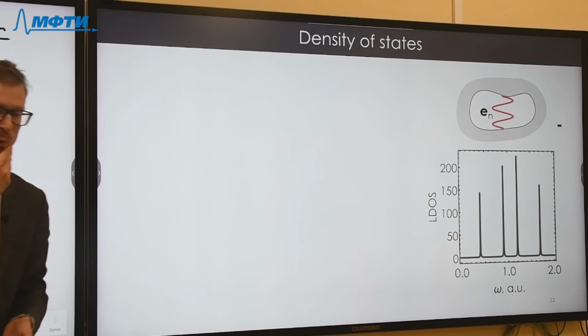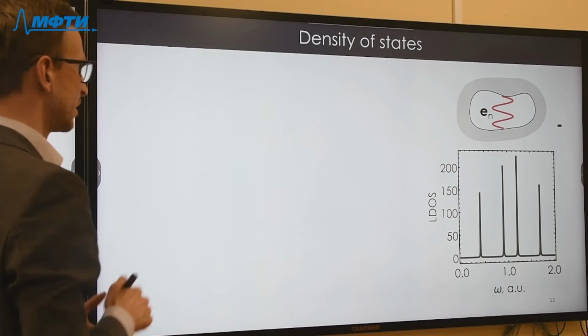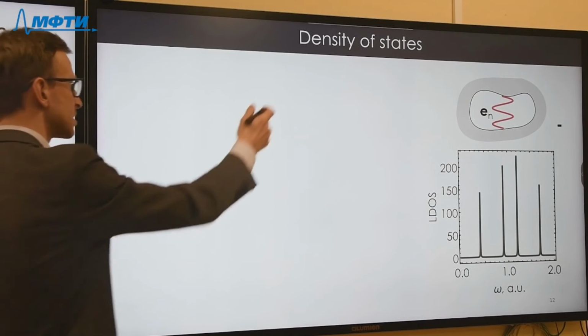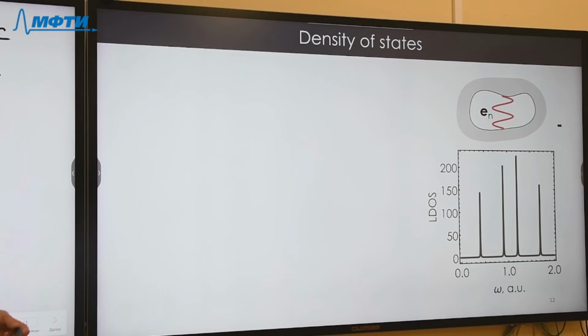So now a few words about density of states in general. Let's say we have a perfectly closed resonator, just something that I sketched here, surrounded by perfect metallic walls. Then the system has a spectrum of eigenstates, En, and these states have real valued frequencies, they can be normalized, they have infinite lifetime.